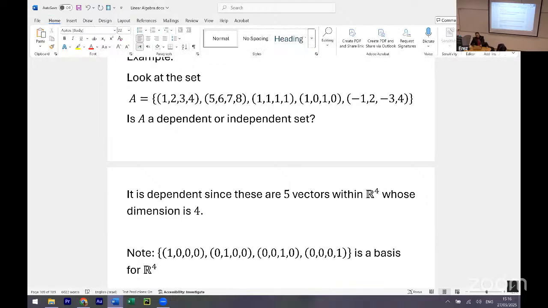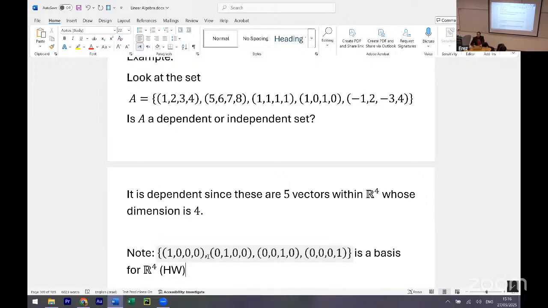Because they're the unit vectors. It's not because they are called the unit vectors, but it's true because it's easy to see that they span everything. If you multiply them by A, B, C, D, you will get a general (A, B, C, D), and it's independent. Homework: prove that it's linearly independent and that it spans all of R4.